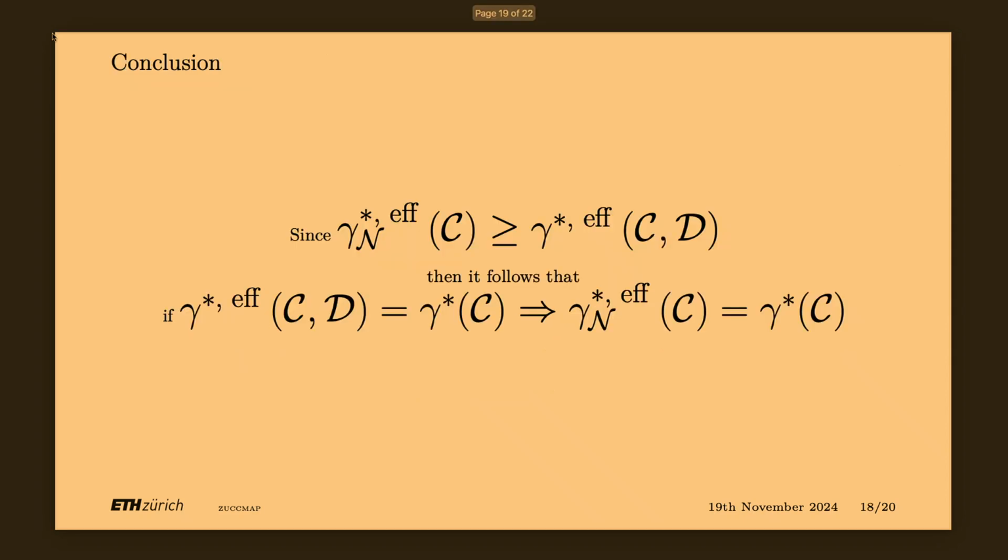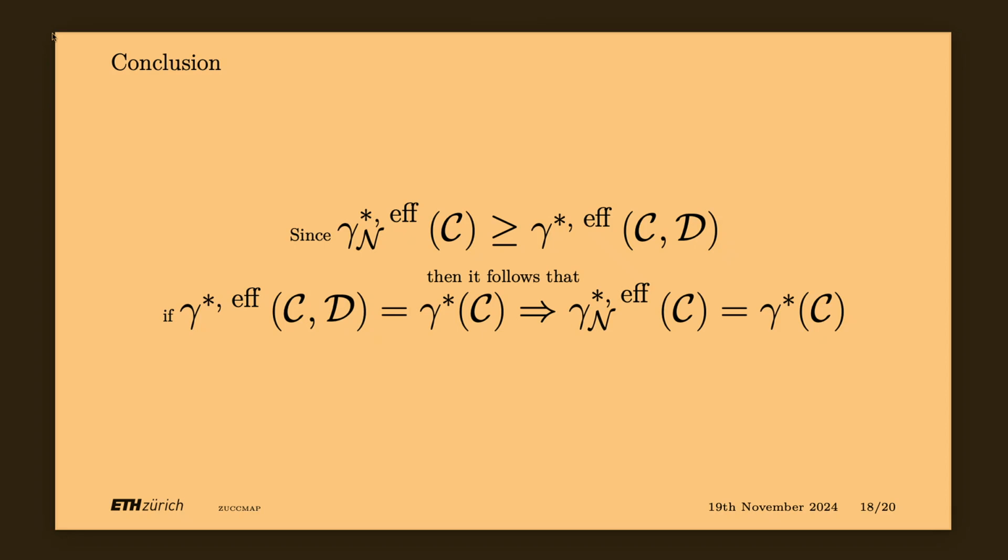Because if the inequality holds, then for all the optimal dictionaries that I enumerated before, it also holds that the same function class is also optimally represented by neural networks.